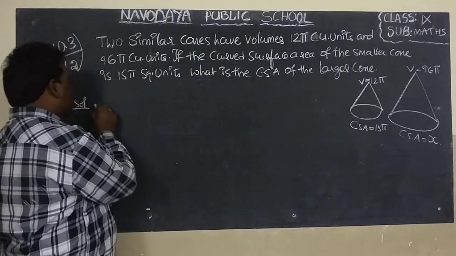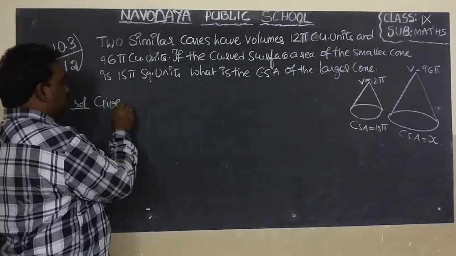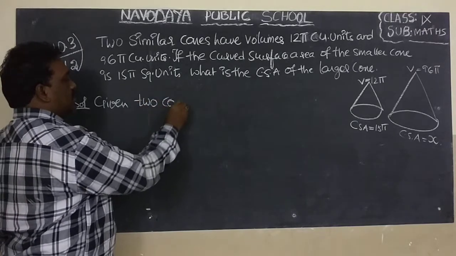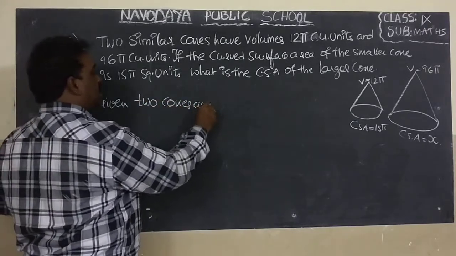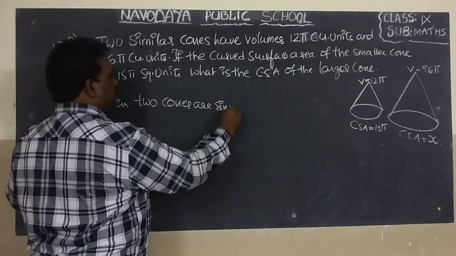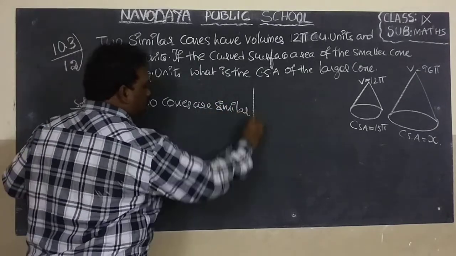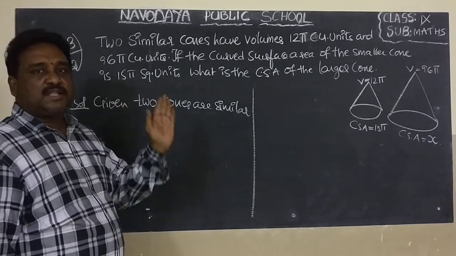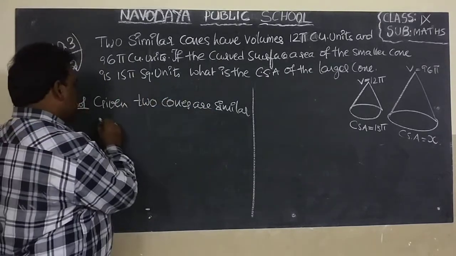Okay, now write given. Given two cones are similar. One is the smaller cone, the other one is the larger cone.